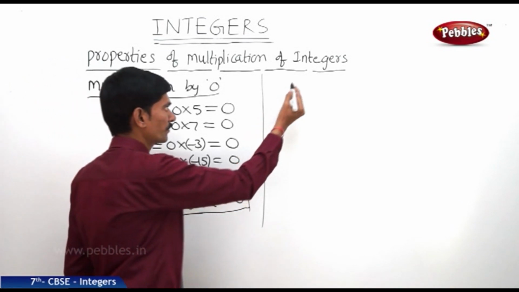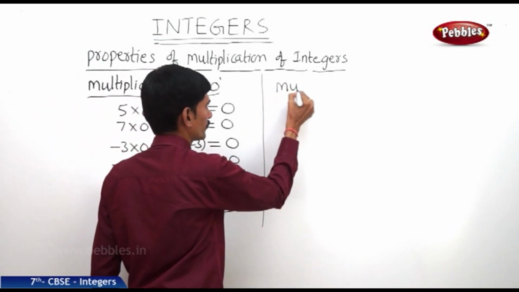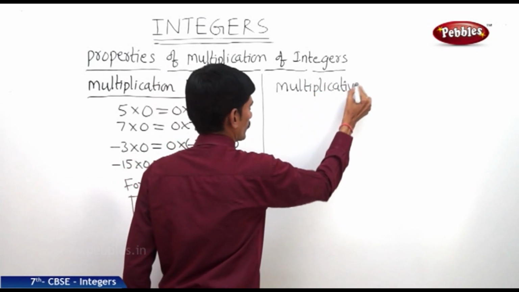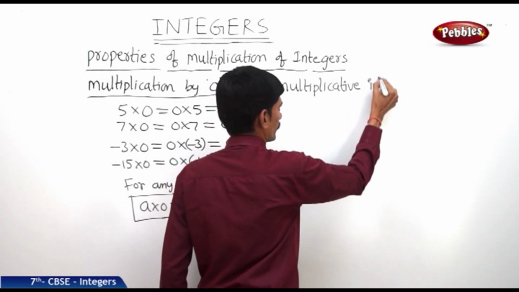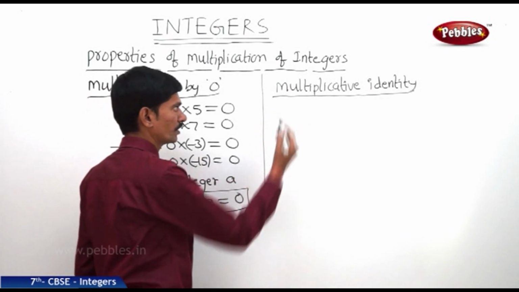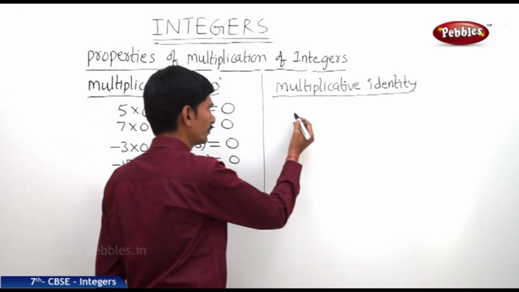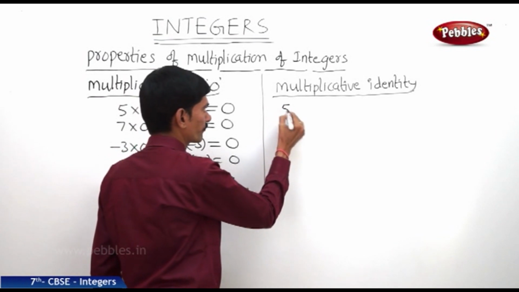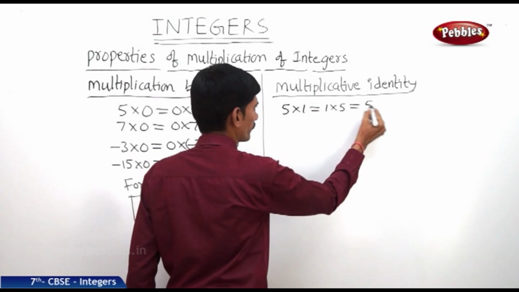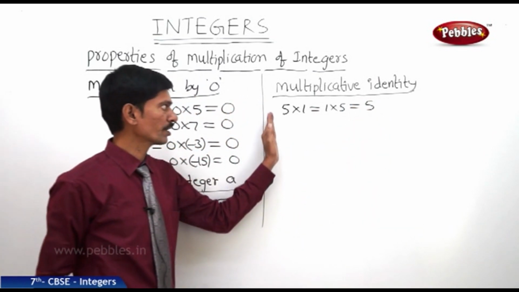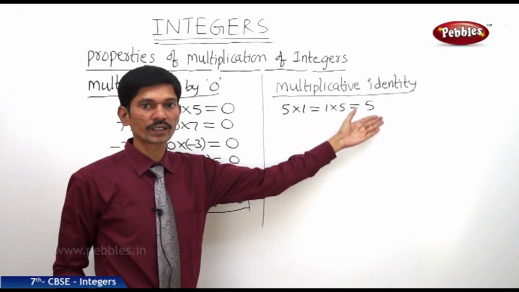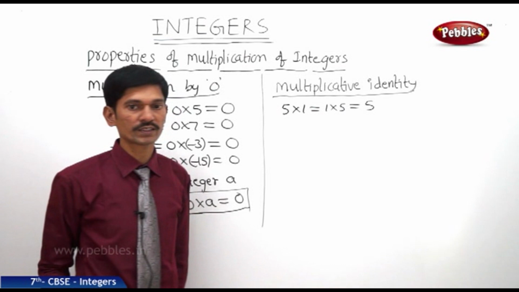Now the next one is multiplicative identity. When you multiply any whole number by 1, like 5 into 1 equals 1 into 5 equals 5, or 1 is multiplied by any whole number, then we are getting the same whole number as the product.